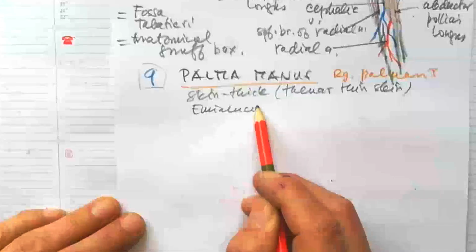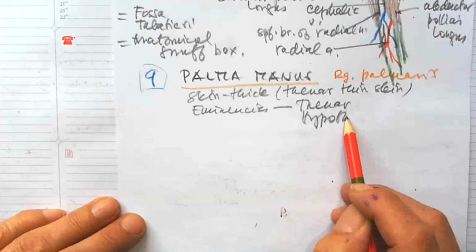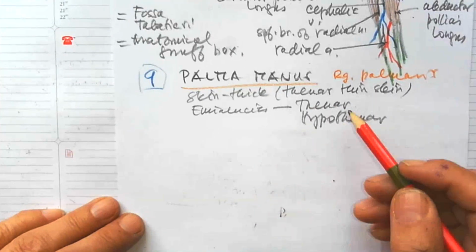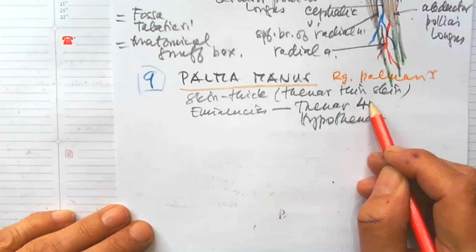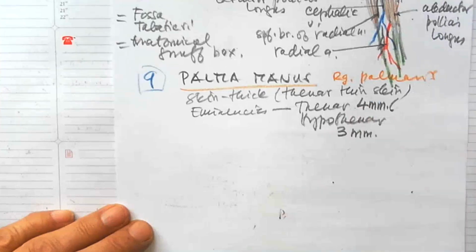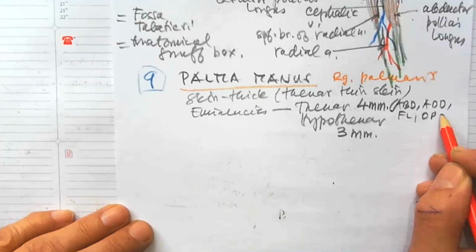These eminences are the thenar and the hypothenar. Thenar has four muscles, hypothenar three. For the thenar we know these are the abductor, adductor, flexor, and opponens, just abbreviations. And hypothenar has three muscles, which are abductor, flexor, and opponens.